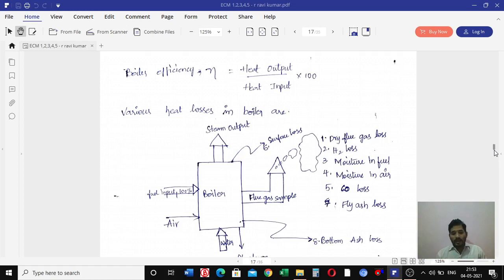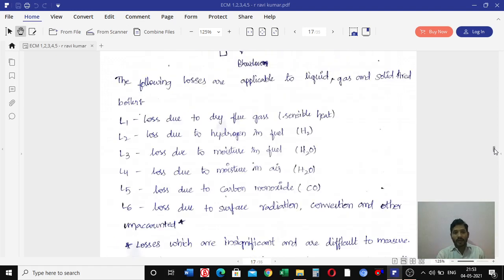From this boiler, the flue gases carry losses like dry flue gas losses, hydrogen losses, moisture in fuel losses, moisture in air losses, surplus losses, carbon monoxide losses, fly ash losses, as well as bottom ash losses. Is it right? So the following losses are applicable to solid, liquid and gas fired boilers.